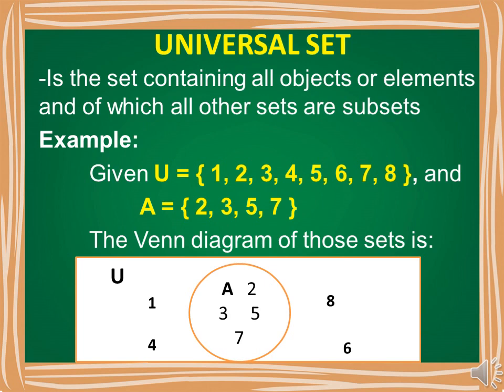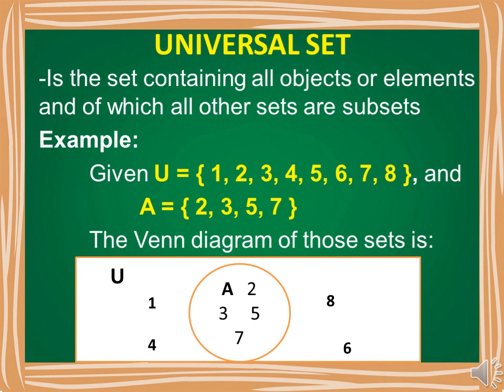When we are asked to draw the Venn diagram for these sets, this is how it looks like. The universal set is represented by the rectangle, and you put all its elements there, but we have the subset, which is A. Since A has elements 2, 3, 5, 7, we put them inside the circle.